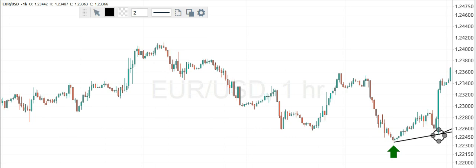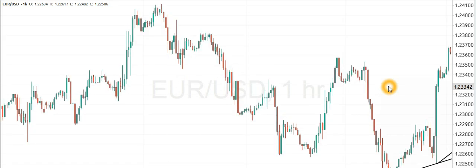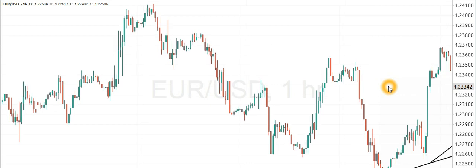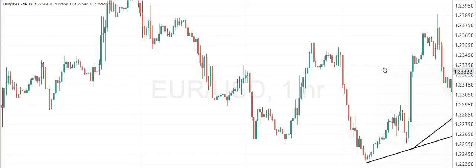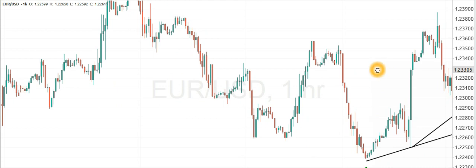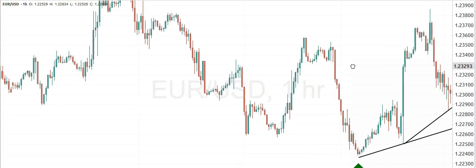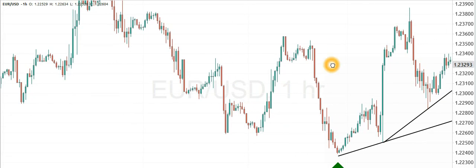Now the market continues to move up, and it continues to move, and as it moves you draw a different trend line. So one trend line can't do.